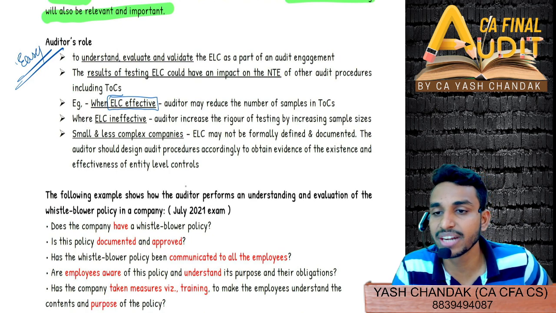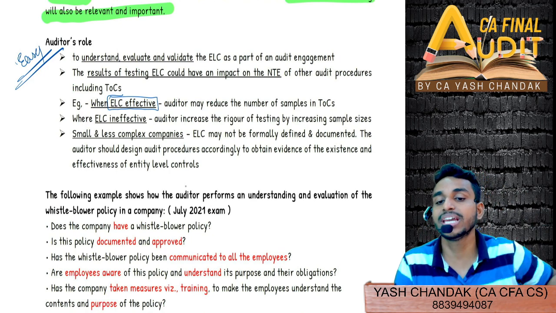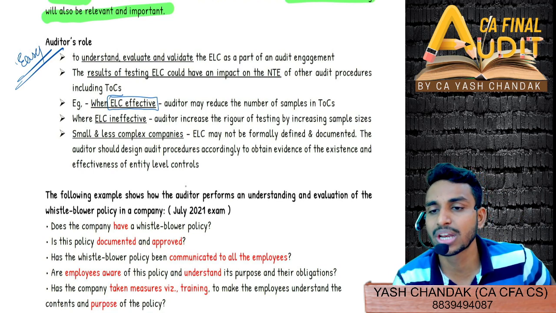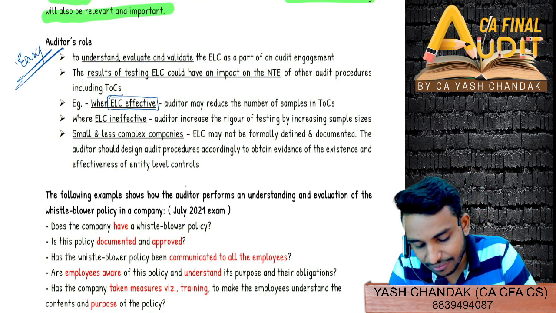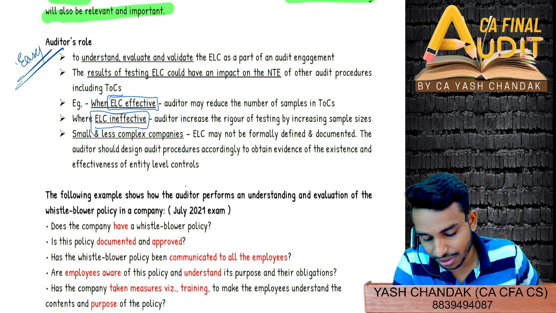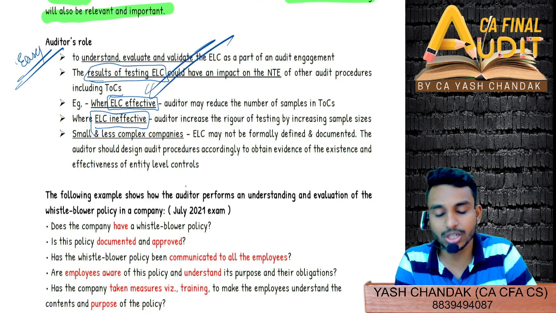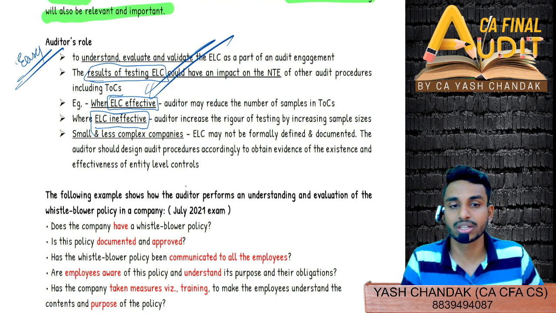Because we are satisfied with the entity level control environment, entity wide it is okay, then definitely the test of control will also be more or less sufficient only. Similarly, if ELC is not effective, you will increase the testing, right? Increase the number of samples. So the results of the ELC testing are to be continuously monitored. That is what they are trying to say.